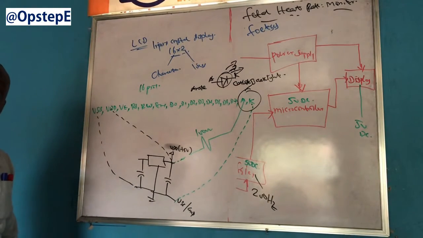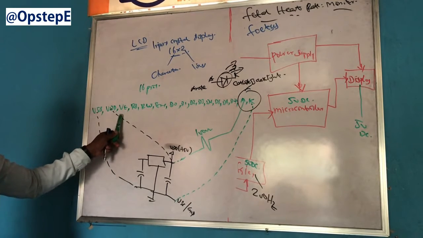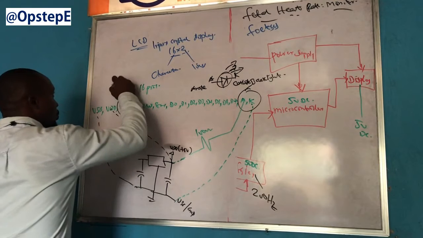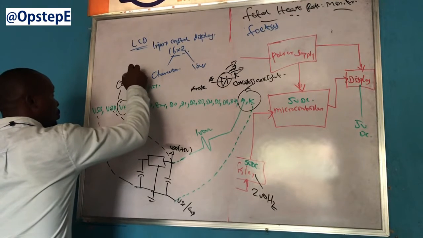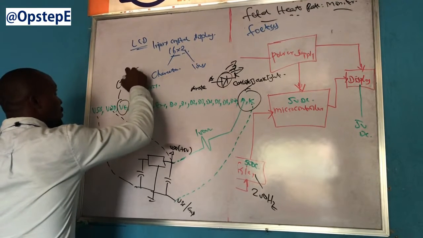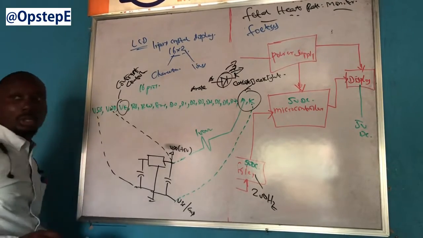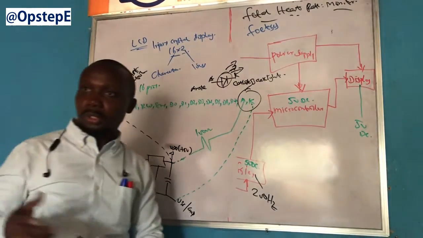Another pin that we should eliminate quickly is the VE. This VE will be your contrast control. Do you know what the contrast control is?